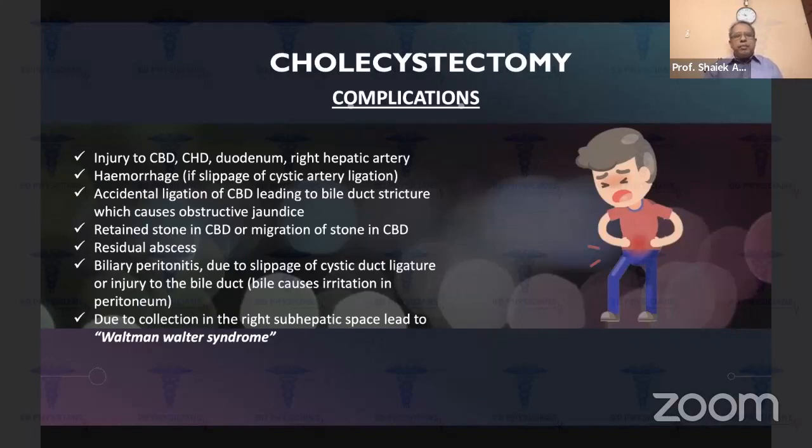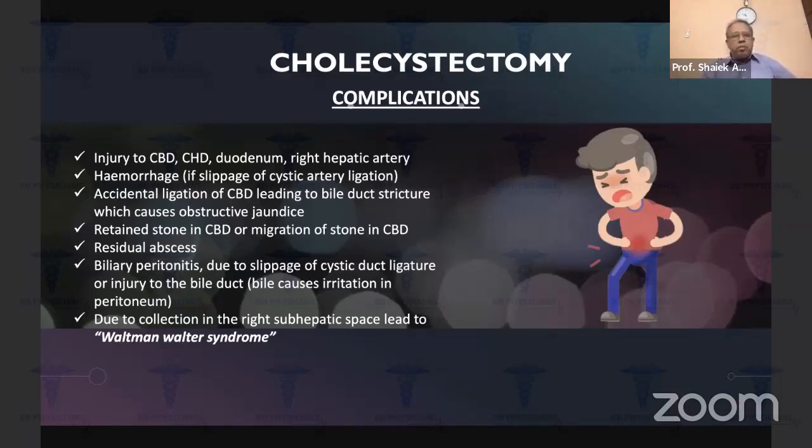Retained stone in the CBD or migration of stone into the CBD, residual abscess, biliary peritonitis due to slippage of the cystic duct ligature or injury to the bile duct. Bile causes irritation in the peritoneum. Collection in the right subhepatic space leads to Mirizzi-Walter syndrome.